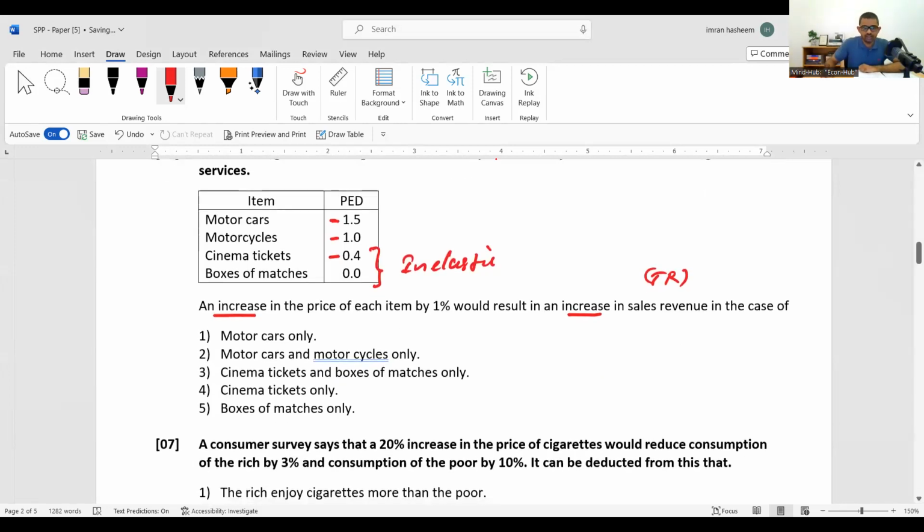Correct answer is then basically cinema tickets and matchboxes only. Yeah, number 3. Okay, correct answer should be number 3. It cannot be number 4 because even matchboxes revenue will increase. Revenue will increase.